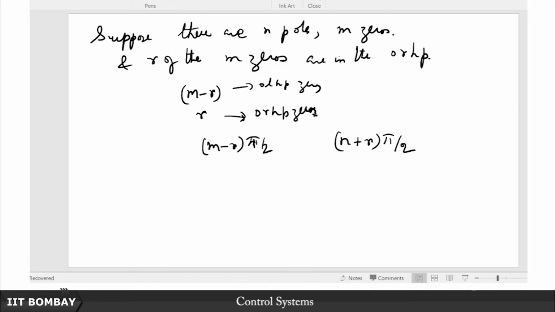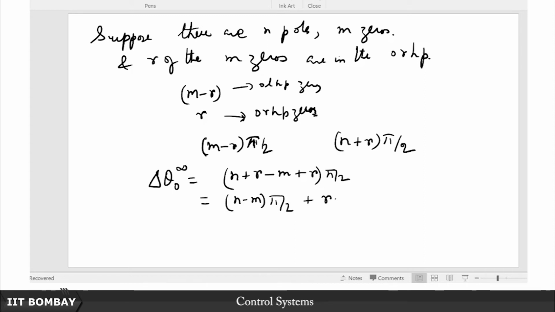So what is the net phase change then, and here is the crucial bit. Now you see the net phase change delta theta as we go from 0 to infinity is going to be (n plus r minus m plus r) into pi by 2, that is (n minus m) pi by 2 plus r pi.